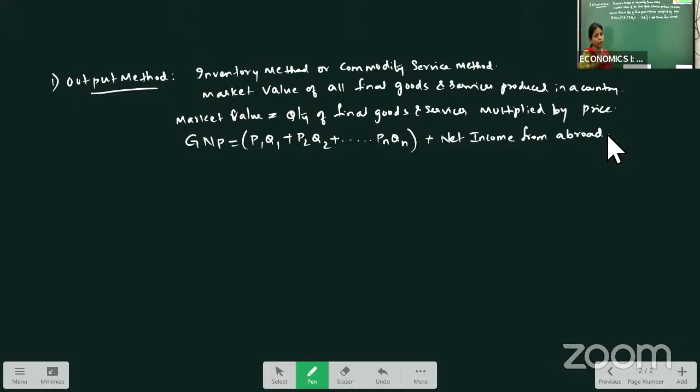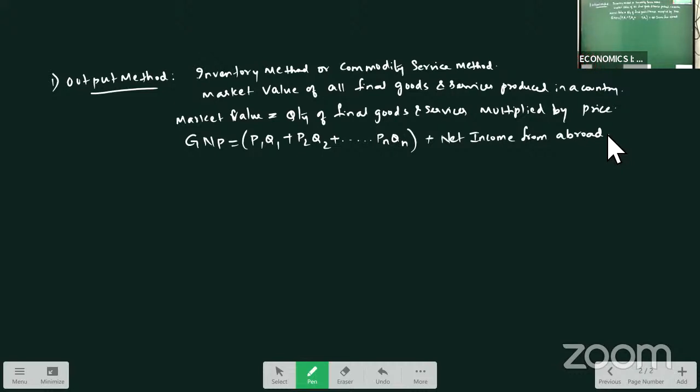Another firm, how much quantity they produced into price. And so like that, in the country, we have N number of firms. So N number of products into their price plus net income from abroad. Net income from abroad means export value minus import value. Okay, so this is the output method.